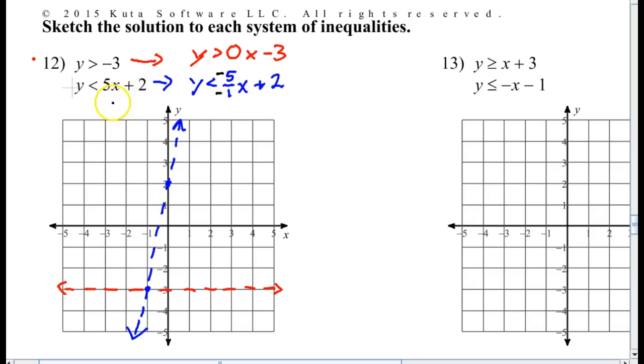Now for the shading, just do one at a time and do it very lightly. Okay? Do it very lightly when you're doing your shading. So for here, it's going to be greater than, for the red, the horizontal line, it's going to be greater than, so you know that's above.